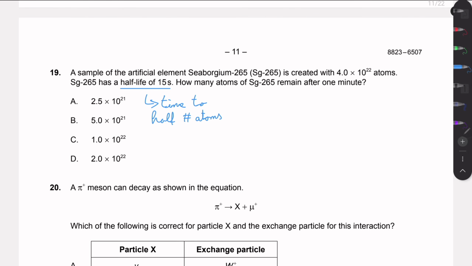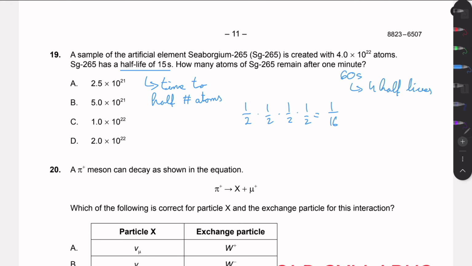So in 1 minute, that's 60 seconds, so that's going to be 4 half-lives. And after every half-life, the number of atoms halves. So after the first one, we'll have a half, then it will halve again, then again, and again. So that's 1 over 16. So the remaining atoms will be 1/16 of that. So we need to multiply this by 1 over 16.